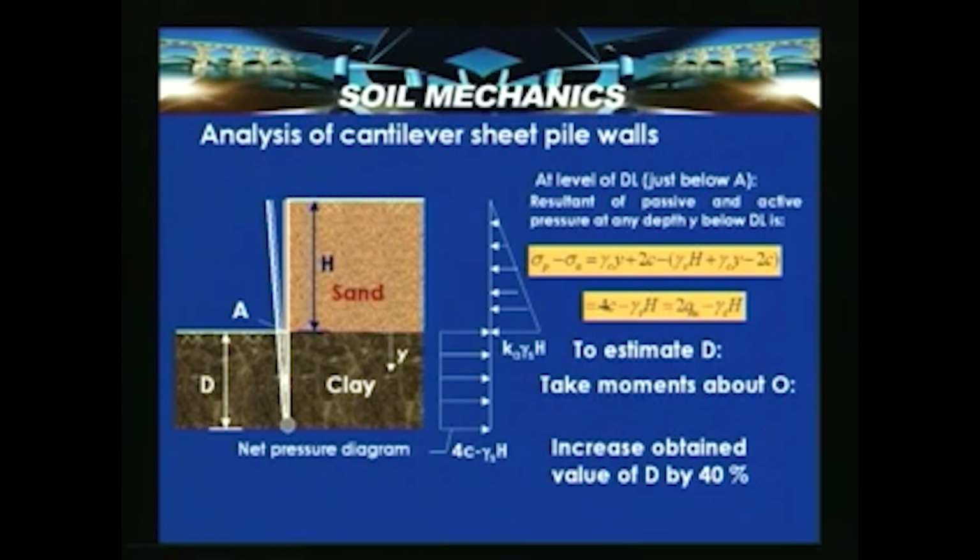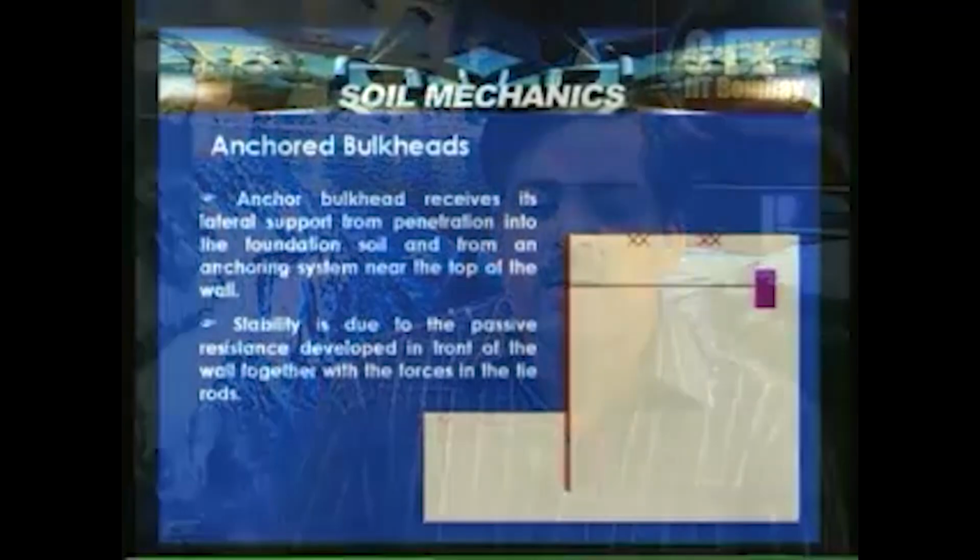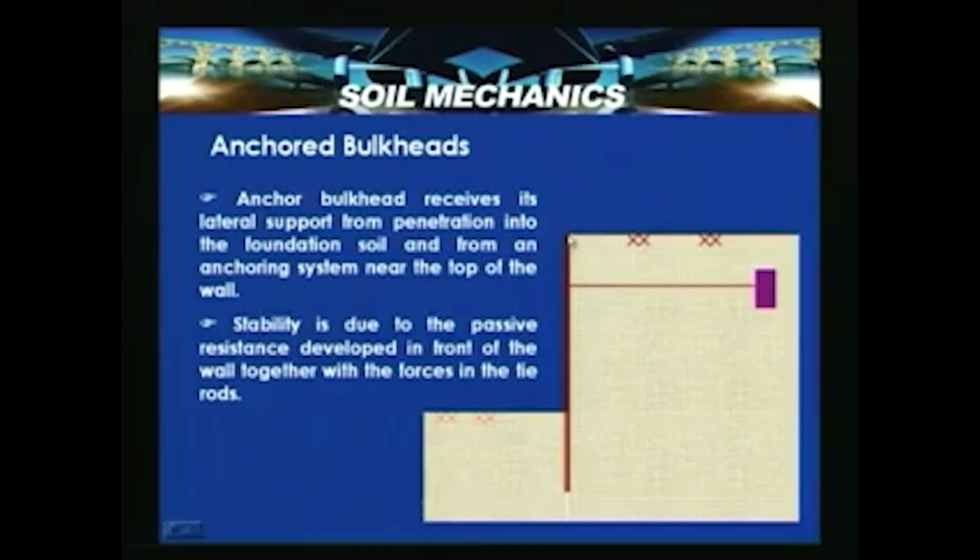So this is a case of analysis of cantilever sheet pile walls in sandy and clayey soil. Now let us look into how we can design anchored bulkheads. We said that these anchored bulkheads are possible when you have wall heights more than 5 or 6 meters. In such situations, these anchored bulkheads can be provided with a tie rod and a deadman anchor.